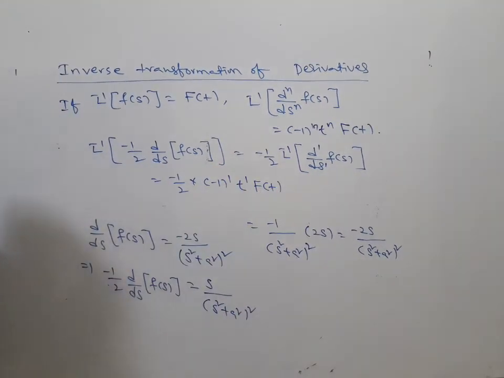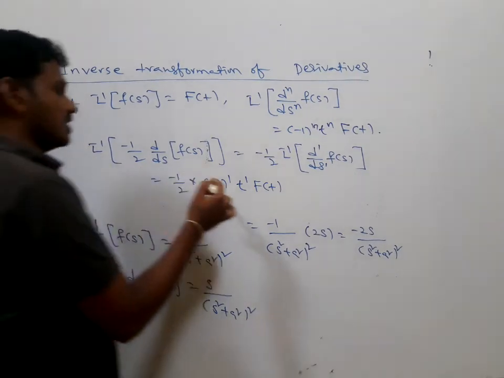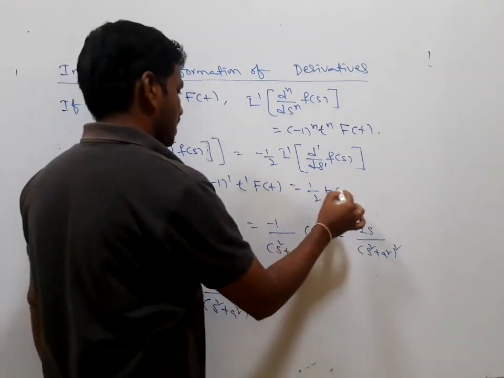But if you know the f of t, you will get the answer, right? Which is the same as minus into minus plus, which is 1 by 2 t f of t.